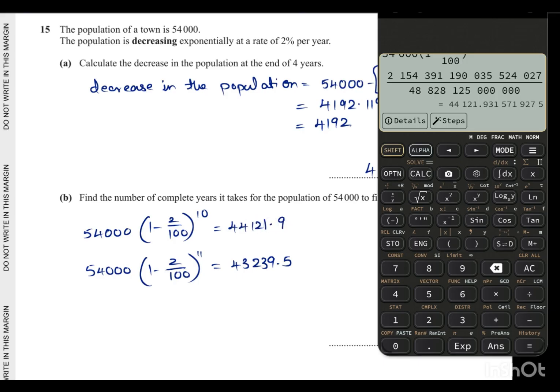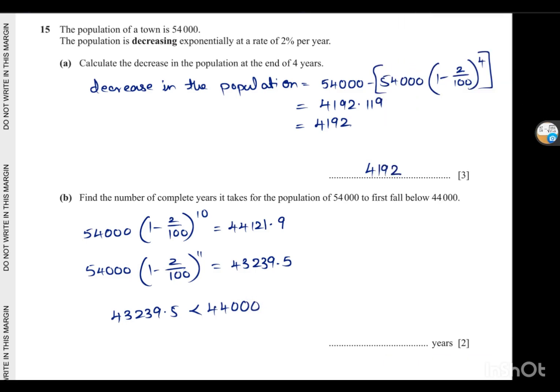So this is less than 44,000 for the first time. So the value of n is 11 here, so it will take a complete 11 years to fall below 44,000.